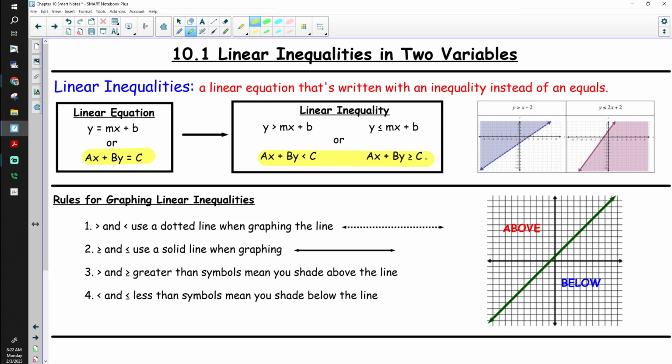Okay? If you are using just a greater than or a less than sign without the little line underneath, you're going to use a dotted line. And that's because if I said you have to have more than 10 fishies, are you allowed to have 10 fish? Or do you have to have at least 11? You have to have 11.